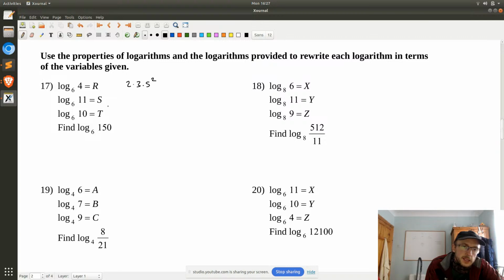You can get that from doing 2t and taking away an r. Like that. That's the third power of 8. So it would be 3 minus y.